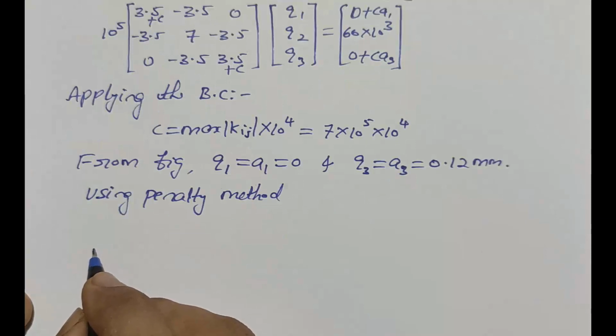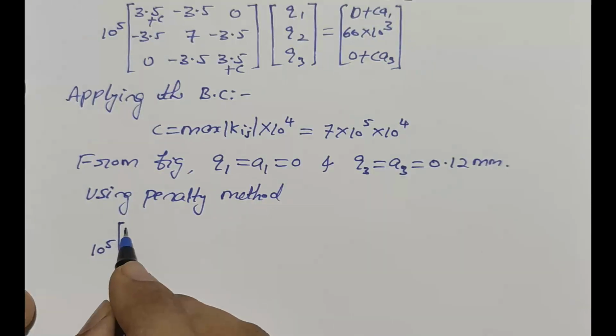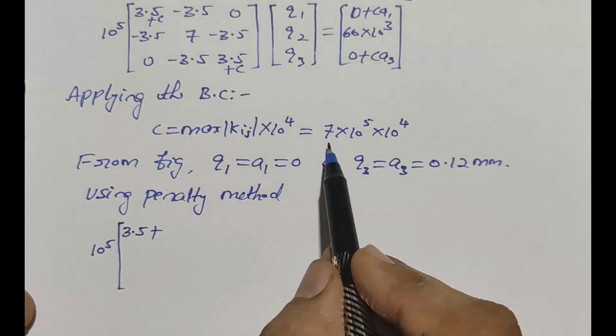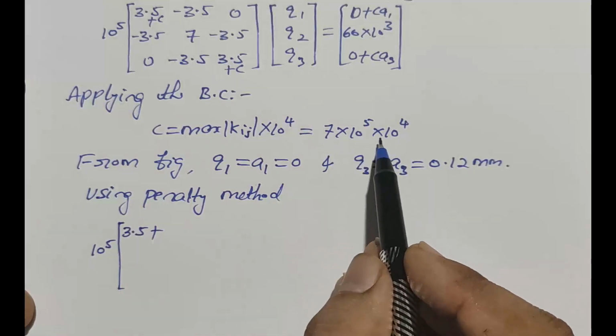So it becomes 10 power 5, 3.5 plus C, that is 7 into 10 power 5 into 10 power 4.